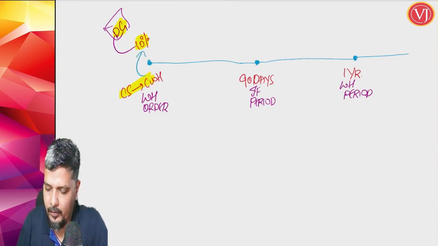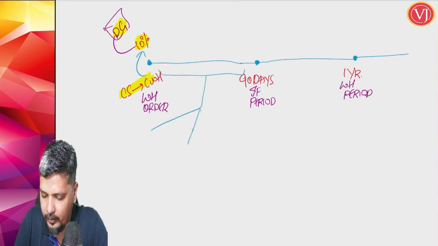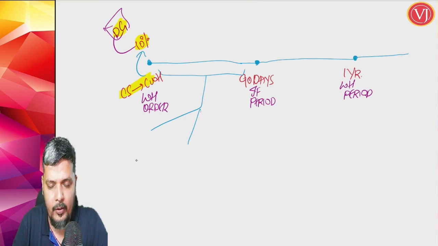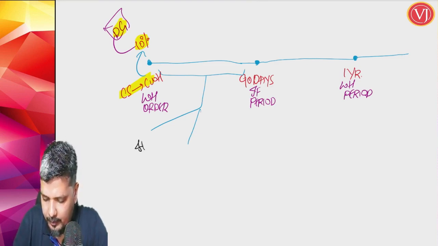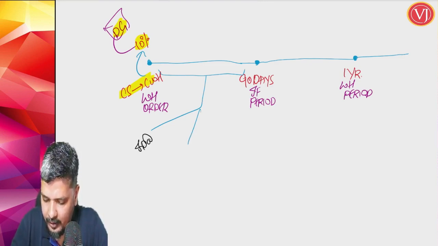When you are going outside the warehouse, assume that you go outside the warehouse in this time. Right, you're going outside the warehouse. Case 1, import duty rate is 10%.